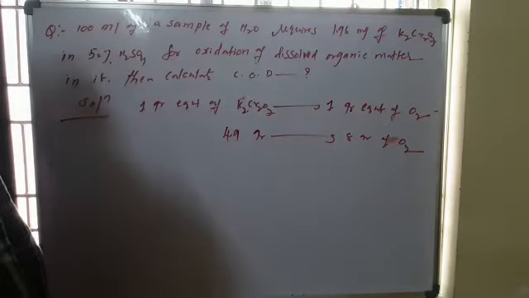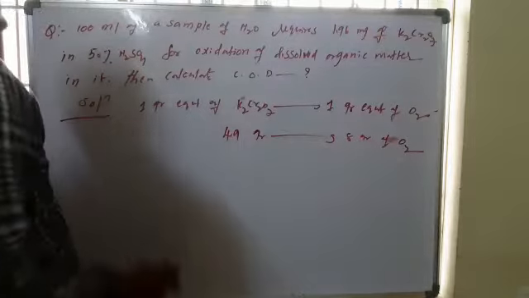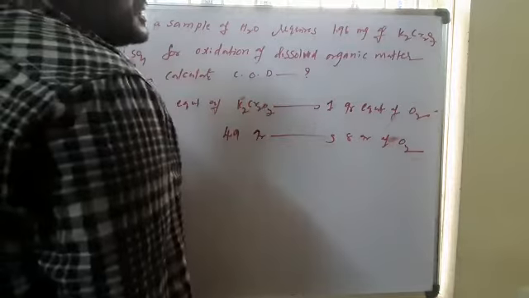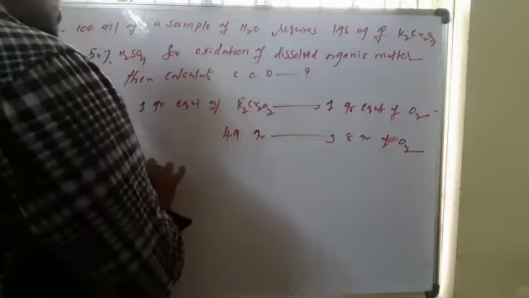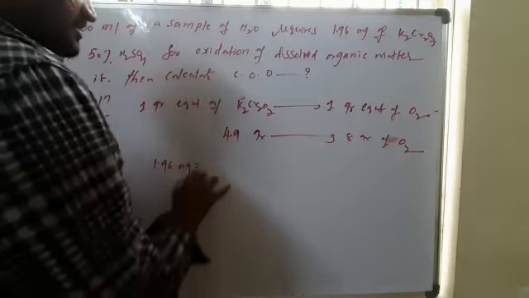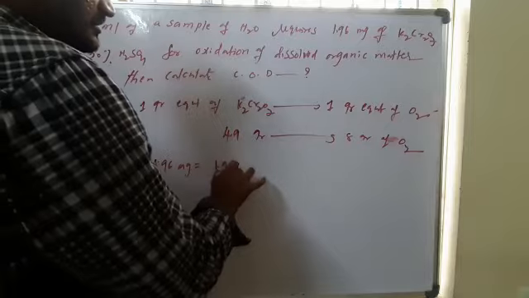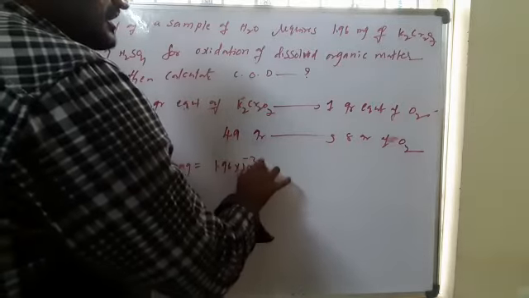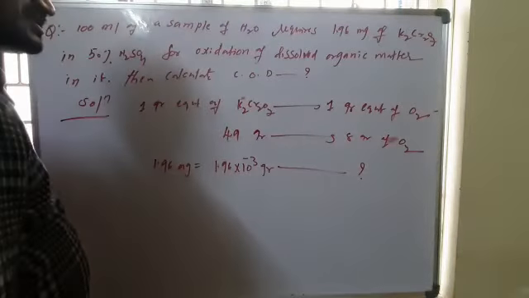Now they have given 1.96 milligrams of potassium dichromate in a 100 ml sample. 1.96 milligrams is converted into 1.96 into 10 power minus 3 grams. How much oxygen in grams can it give? Calculate first.